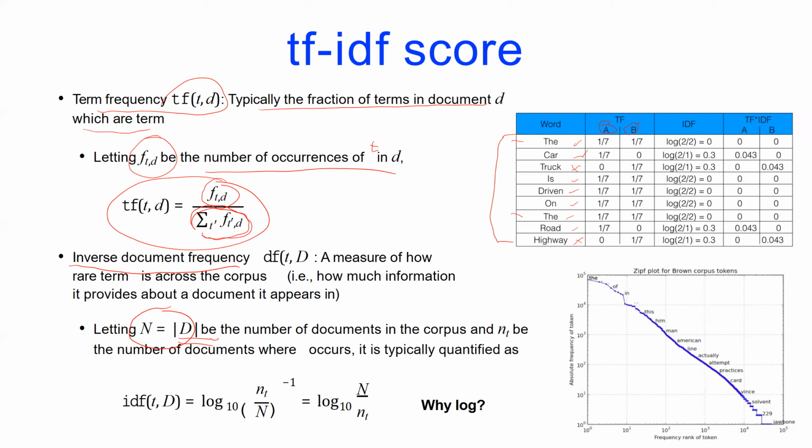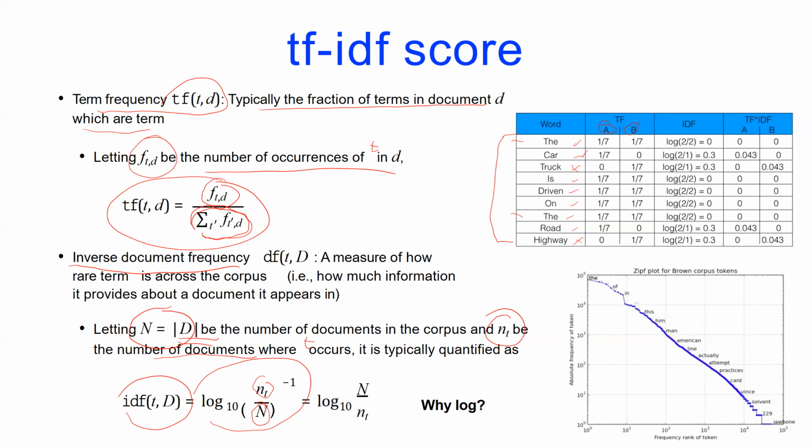Then I want to compute the inverse document frequency of a particular term t in this corpus D. How do I calculate that? The N_t here will be the number of documents where t appears. You have 1,000 documents, and say the term truck probably appears in 10 documents. Then N_t will be 10 and N will be 1,000.